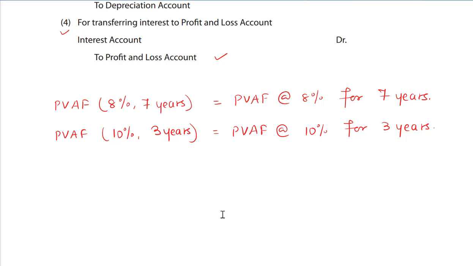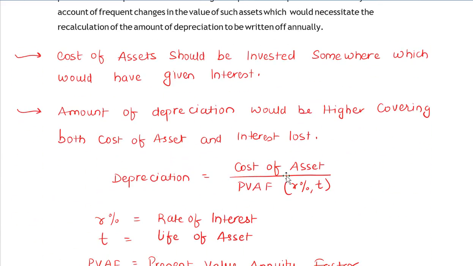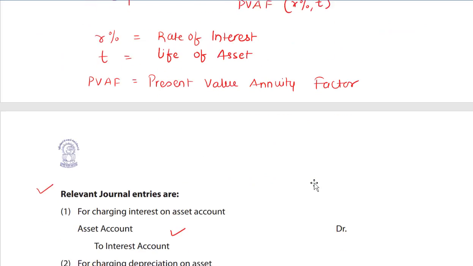It would be written like this: 100 upon 110 to the power of years. Cost of the asset divided by PVAF, R percentage and time.